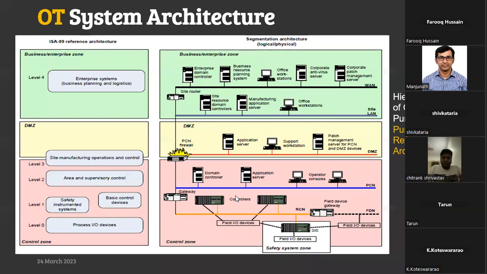So you should think, why would we use switches, routers, and firewalls, and why do we need that? If you start thinking in that direction, it will definitely help you in understanding the cybersecurity aspects of the OT environment, right?